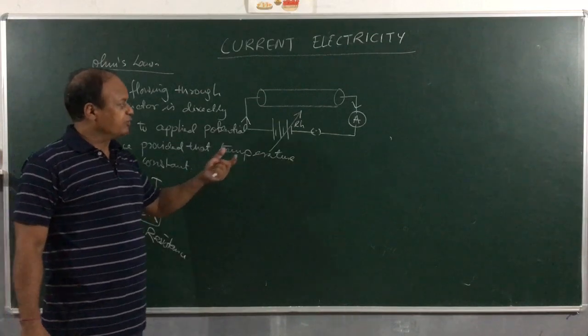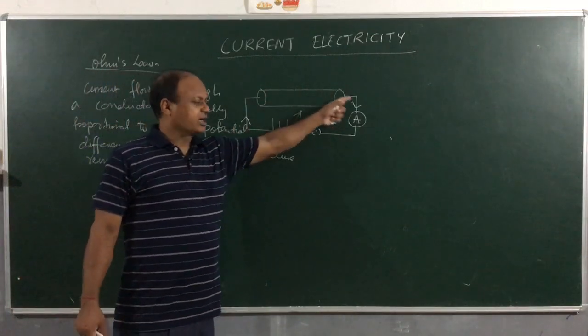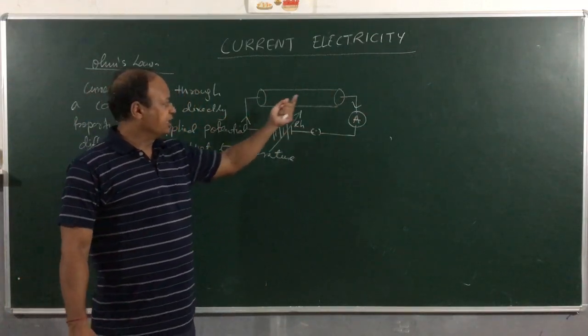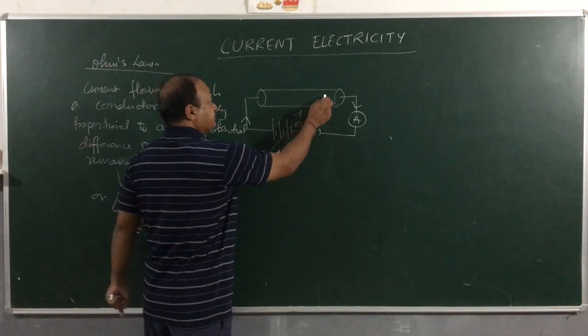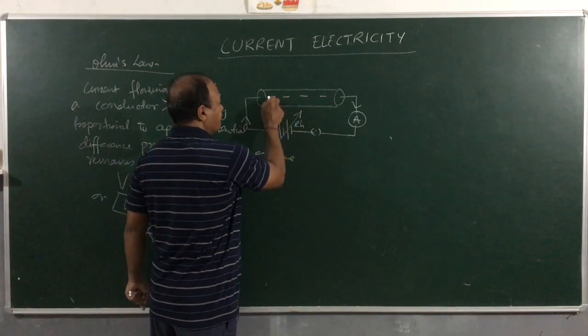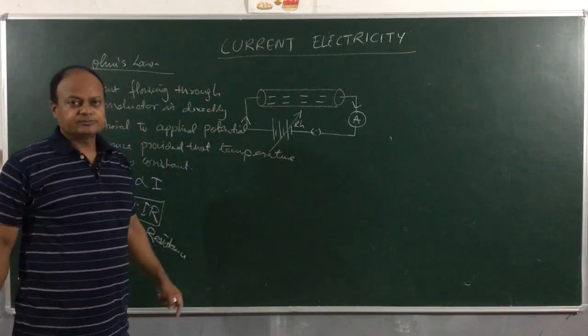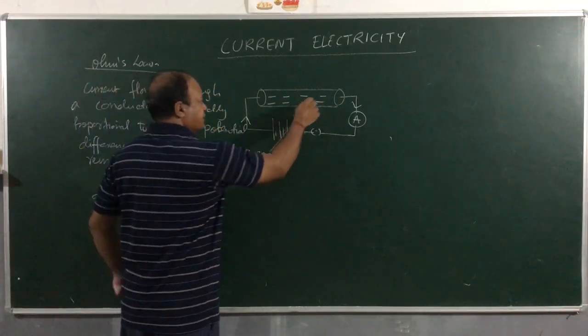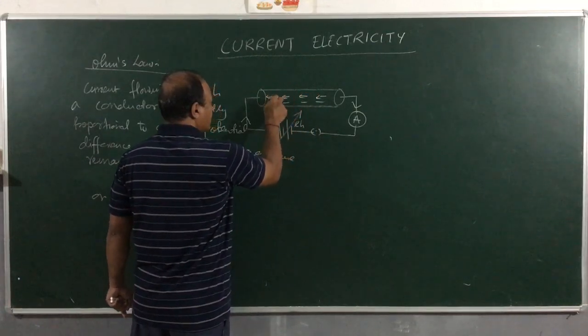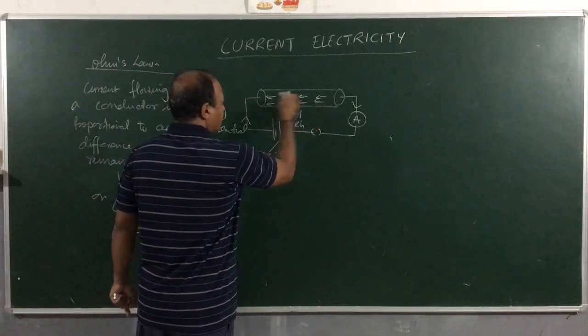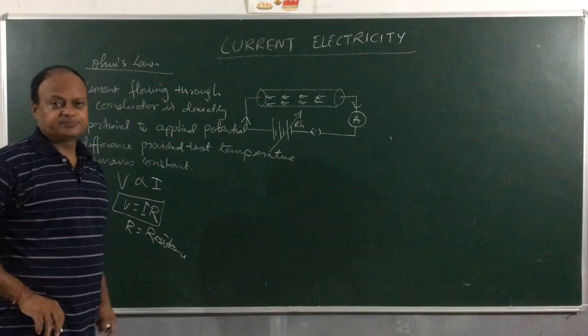When I close the key out here, a current is set up in the circuit and electrons start moving like this. This is how the electrons start moving. As the electrons move in the opposite direction, all these electrons, remember, are set in motion together.